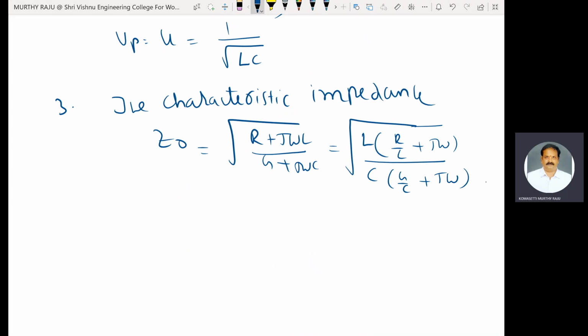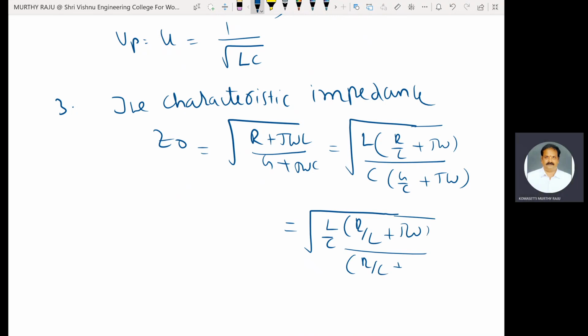If the line is distortionless, the condition R by L is equal to G by C must be satisfied. Then these two terms cancel. Therefore, characteristic impedance Z0 is equal to root over L by C.